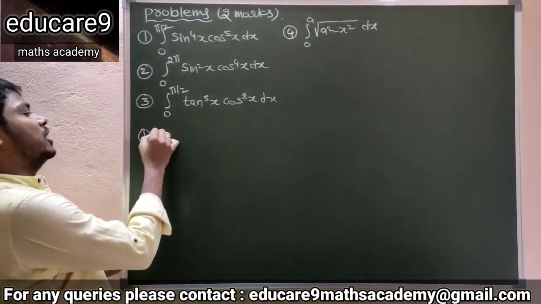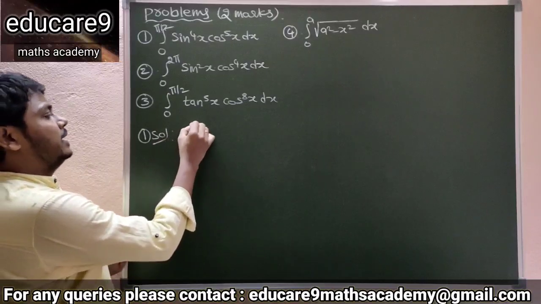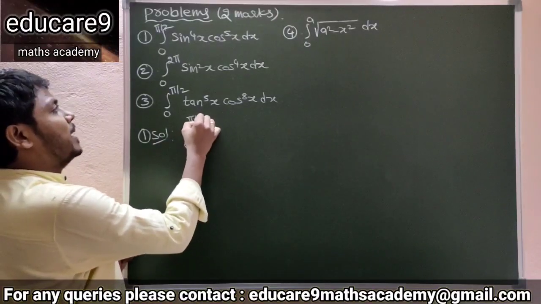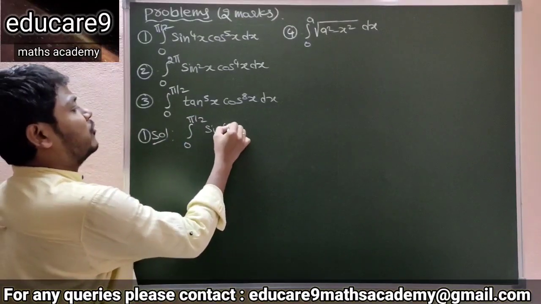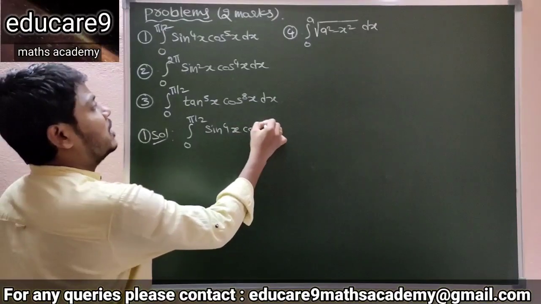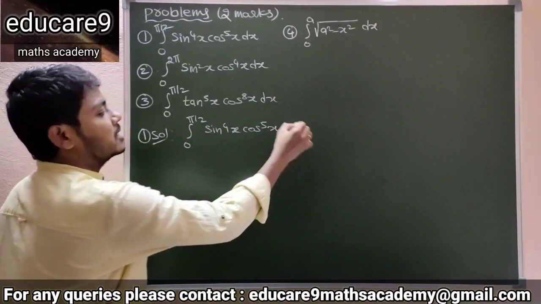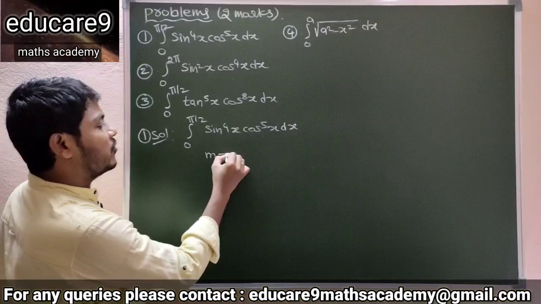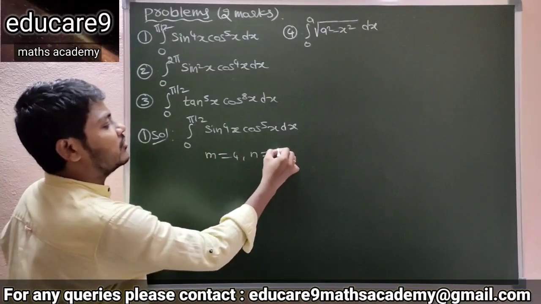So see the first one, integral 0 to pi by 2 sin power 4x cos power 5x dx. So here m is equal to 4 and n is equal to 5.